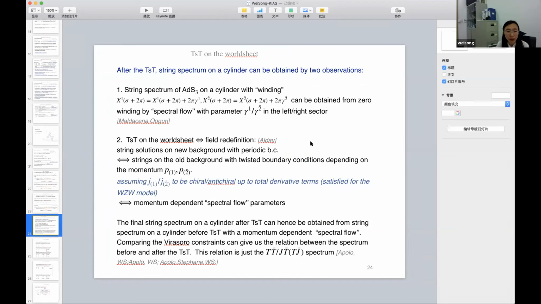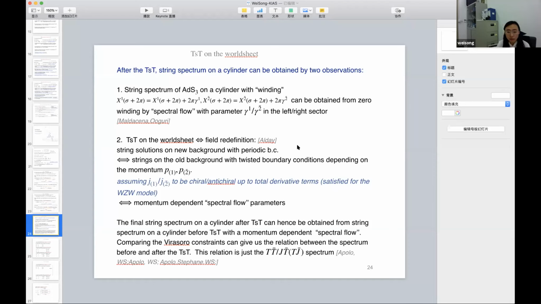By the TsT transformation on the worldsheet, people already found that after the TsT, the string equation of motion can be related to the equation of motion before the TsT by a field redefinition.